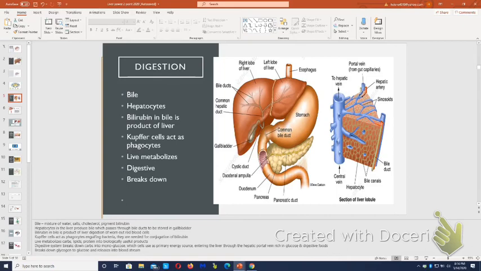Within the liver, indirect bilirubin is conjugated with glucuronic acid by the hepatocytes to form conjugated bilirubin, or direct bilirubin, which is water soluble. This allows for the bilirubin to move into a water solution.